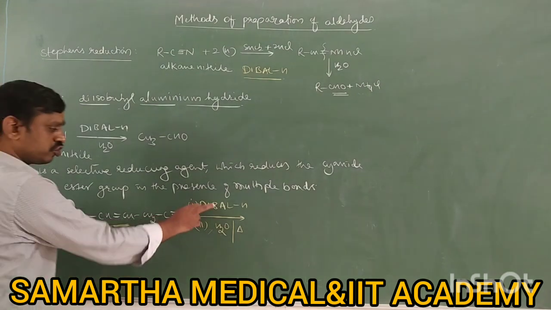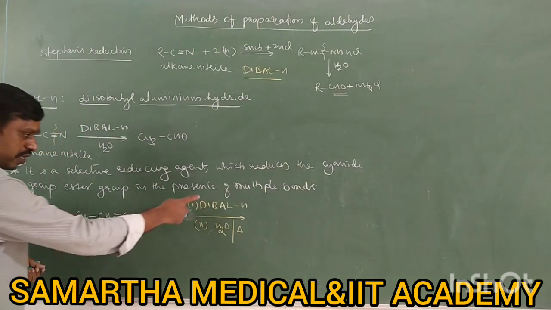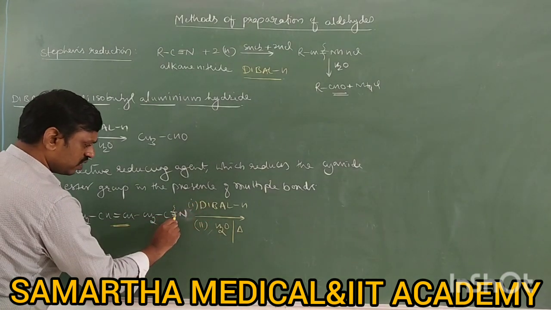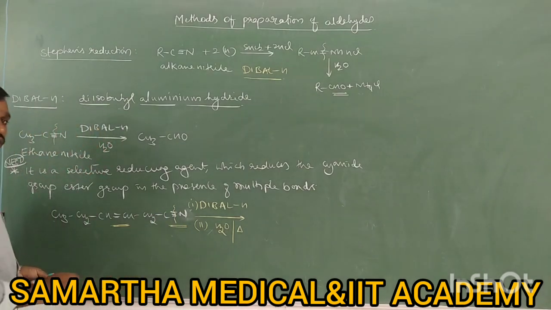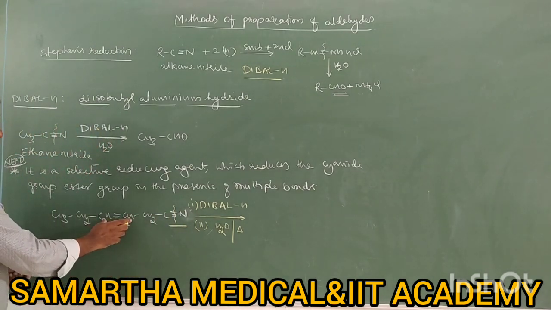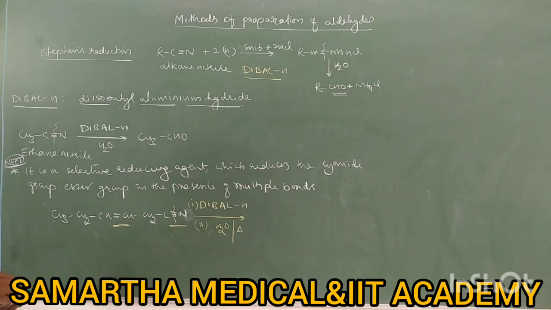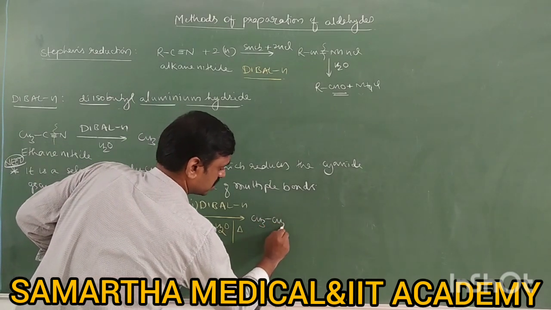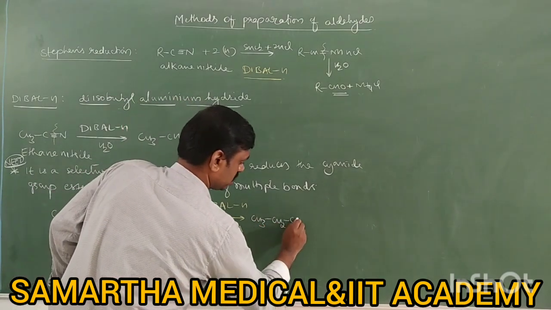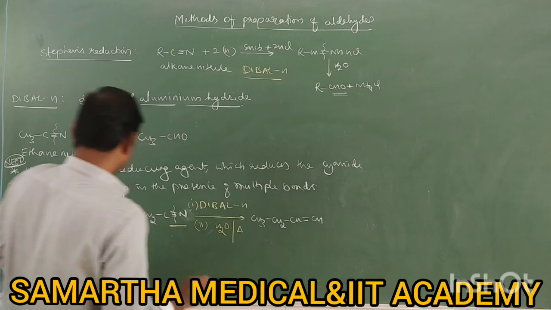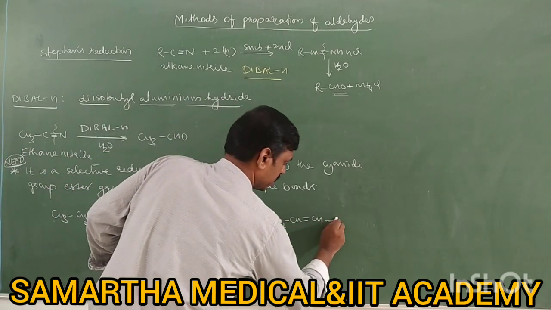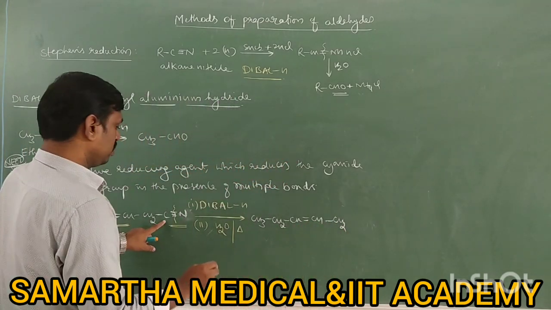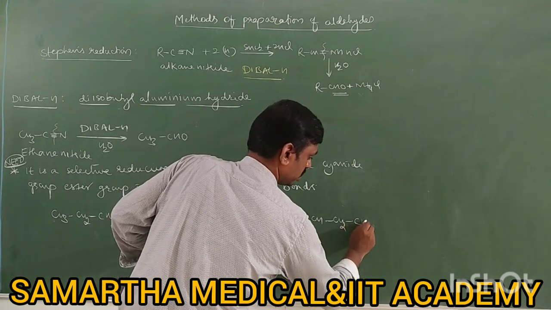The cyanide group is converted into the aldehyde group, but this multiple bond is not affected. Therefore, you should write the multiple bond as it is: CH3 CH2 CH double bond CH, again CH2 as it is, then this becomes CHO.